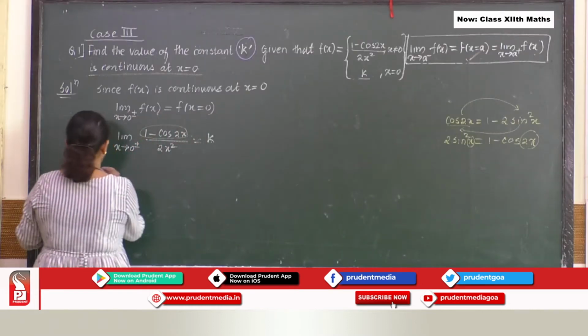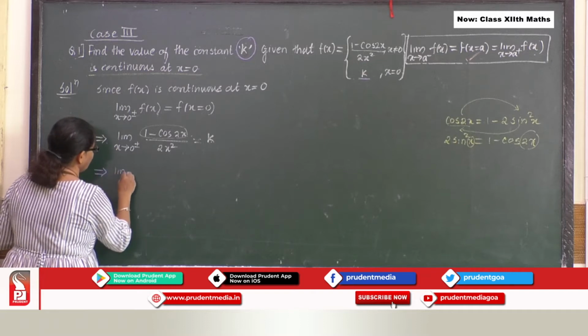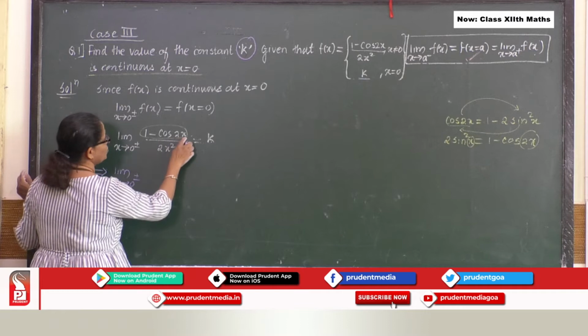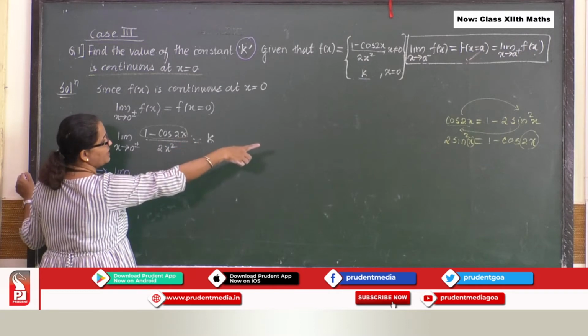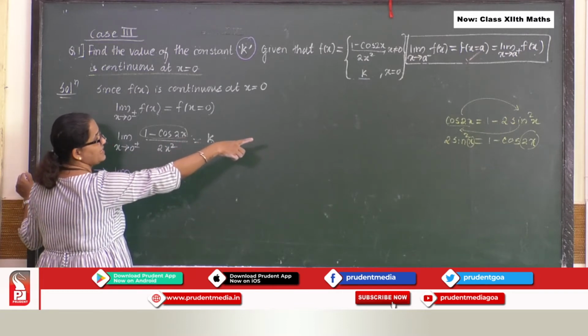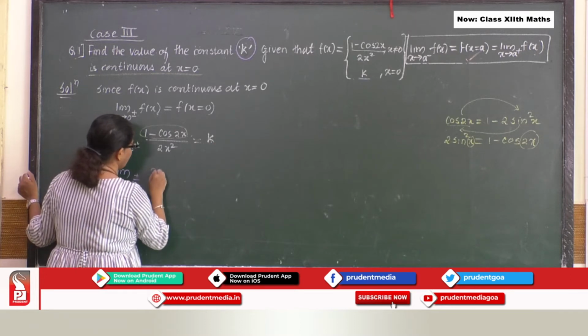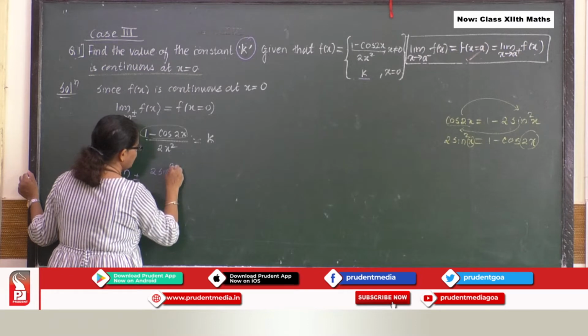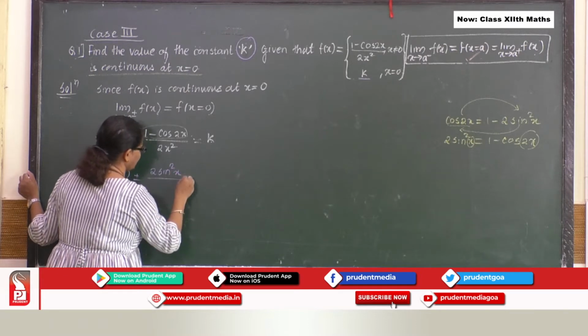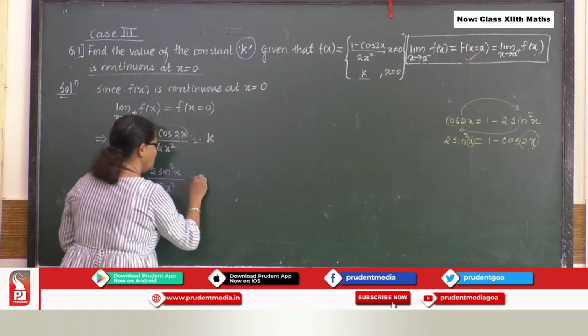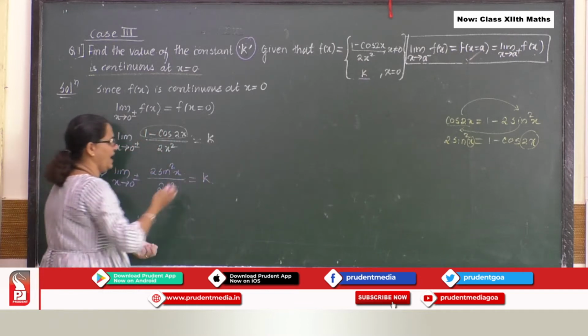So I say limit x tends to 0 plus or minus. What I have in the numerator, according to my basic concept of trigonometry, is nothing but 2 times sine square of x upon 2x square, which is equal to k.